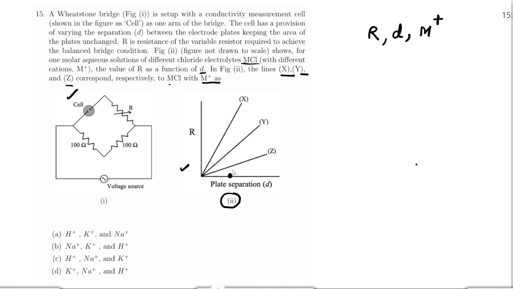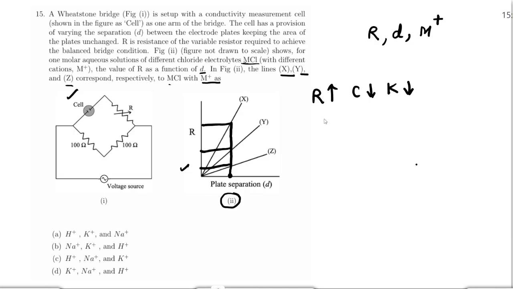So if we fix the plate separation, it is like this. Resistance of X is maximum, then resistance of Y and then resistance of Z. So tell me, resistance higher means conductance less, means conductivity less.